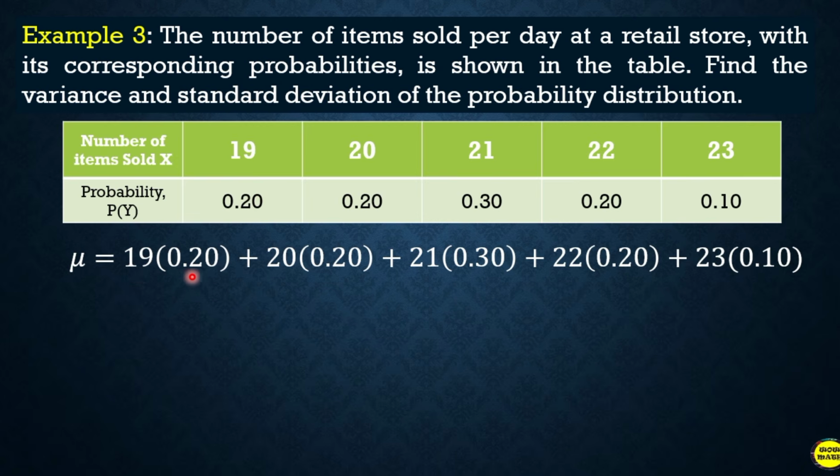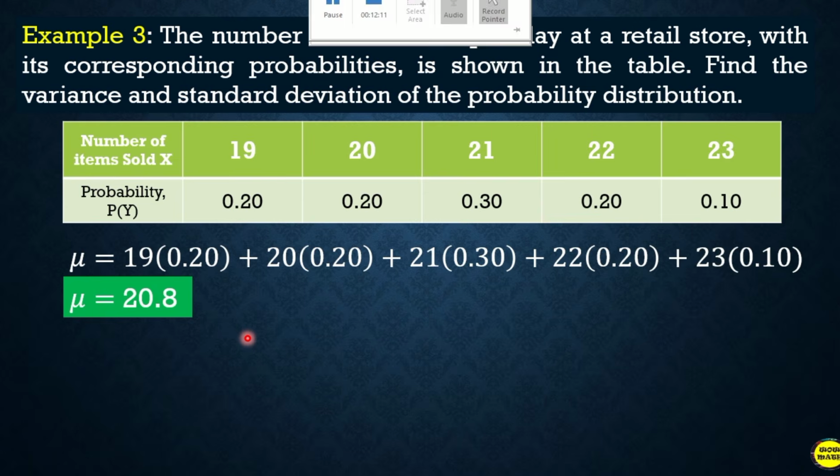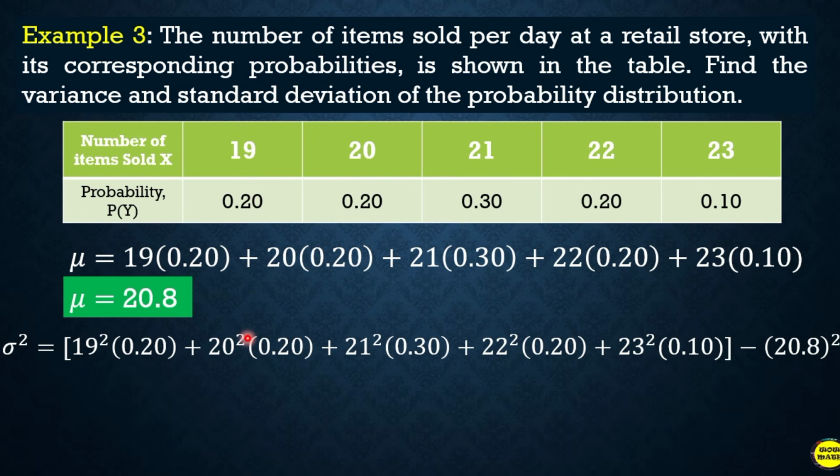So, 19 times 0.20 plus 20 times 0.20 plus 21 times 0.30 plus 22 times 0.20 plus 23 times 0.10. And then, the answer is 20.8. So, yung mean value natin is 20.8. Okay, so after that, kukumputin na natin yung variance natin, gamit yung mean value natin.